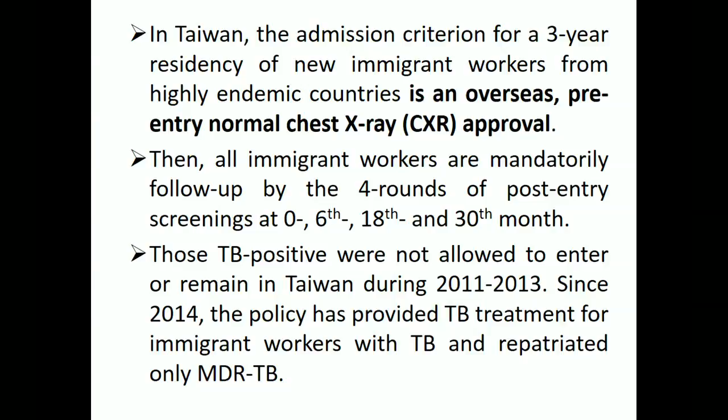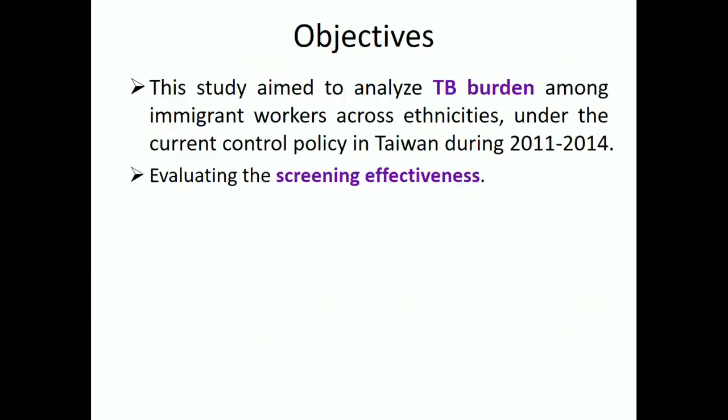Those TB positive cases were not allowed to enter or remain in Taiwan during 2011 to 2013. However, the policy has changed. Only the multidrug-resistant TB cases were repatriated. So this study aimed to analyze TB burden among immigrant workers under such policy and evaluate the screening effectiveness.